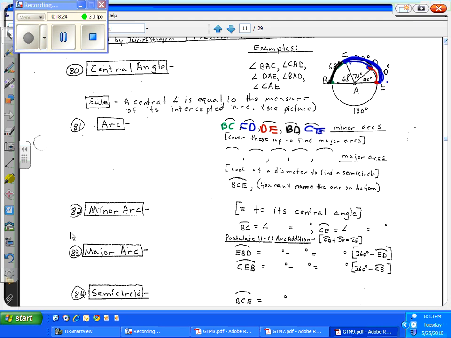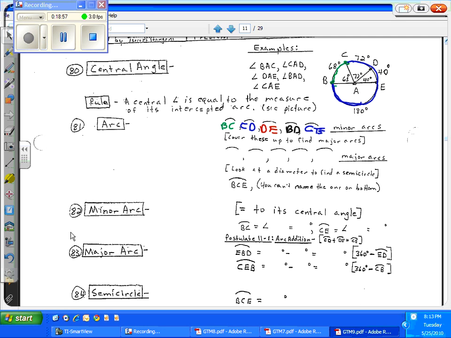Now, if you want to find a major arc, it's the rest of the circle when you take away a minor arc. Now, if we want the rest of the circle, we'd have to go here. You may say, well, that's going to be a little hard to name, isn't it? Because they both go from B to C. You can't call them both BC.